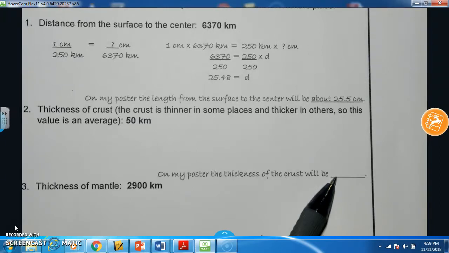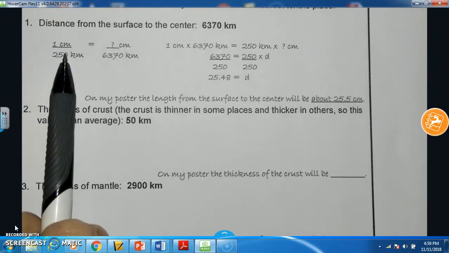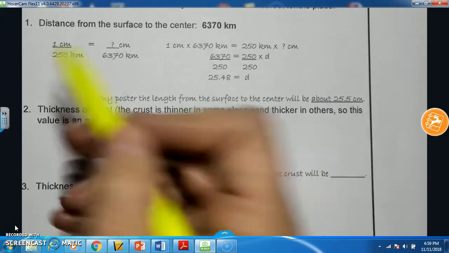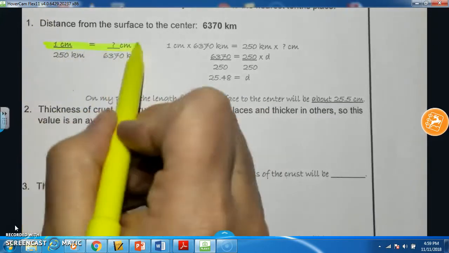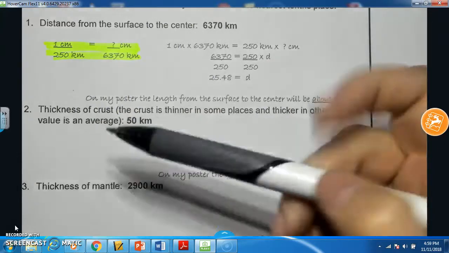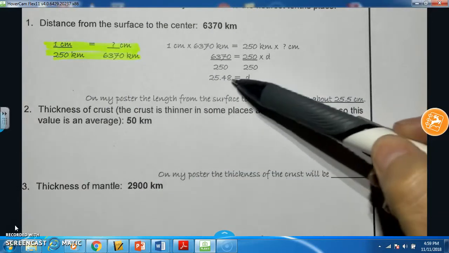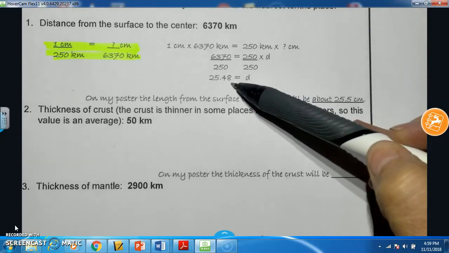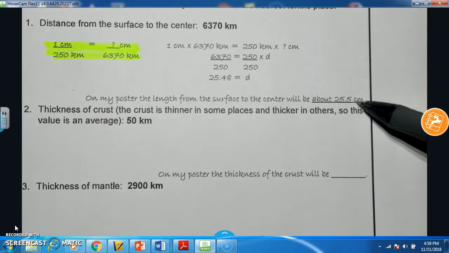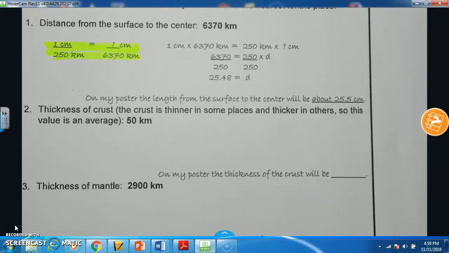How do we convert kilometers to centimeters? Right here. This is your formula. So I need to be able to see your work and how you came up with this answer. Notice they rounded to here. And I need to see that for all of that.